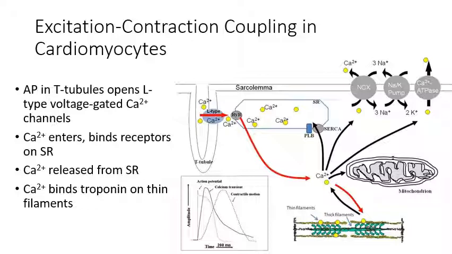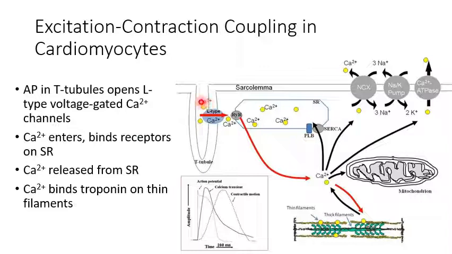In cardiomyocytes, it's a little bit different. You have a channel called an L-type channel in the T-tubule that lets calcium enter the cell from outside of the cell. And then once you have calcium inside the cell, calcium will bind receptors on the sarcoplasmic reticulum, which allows calcium to be released from the sarcoplasmic reticulum.